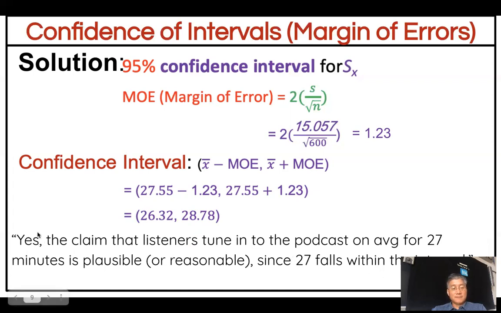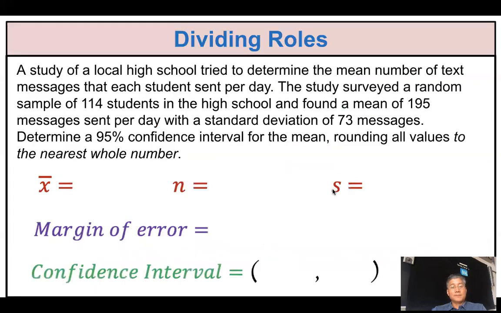Do you understand? You can try one more time with similar but different numbers. A sample of 114 students finds a mean of 195 messages per day with a standard deviation of 73 messages.